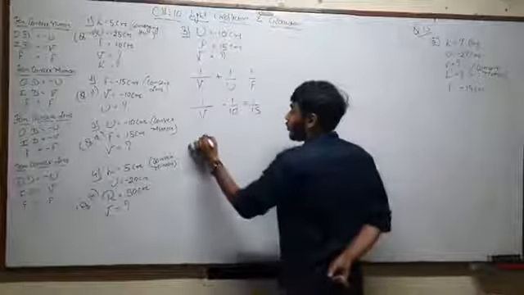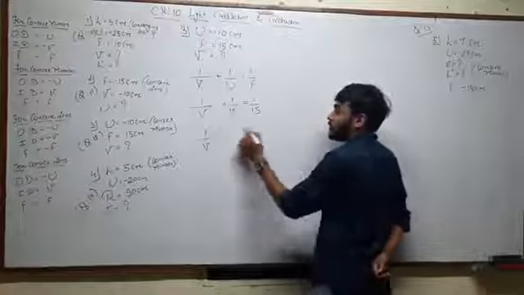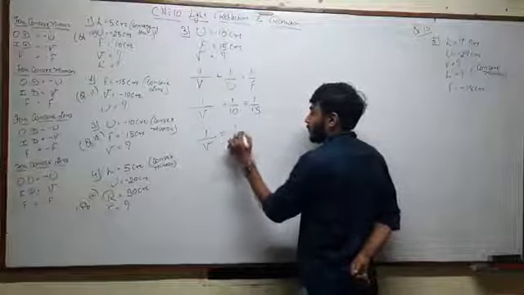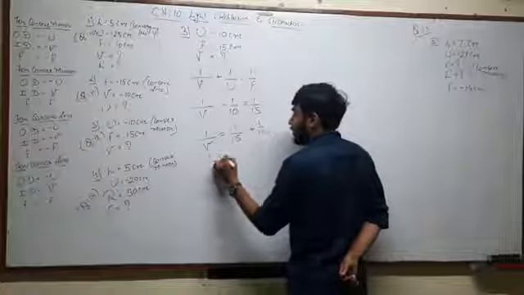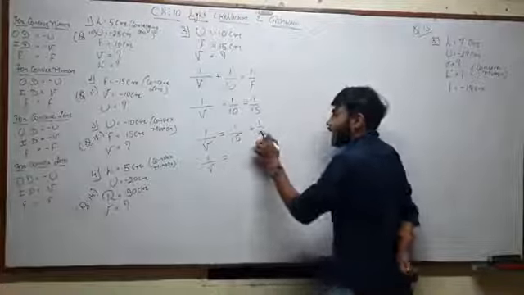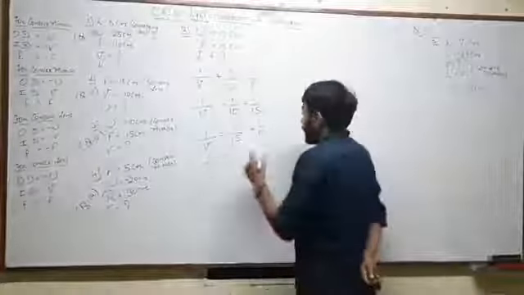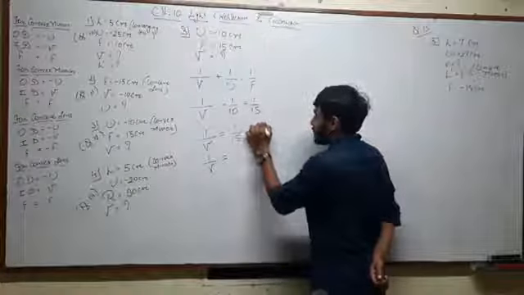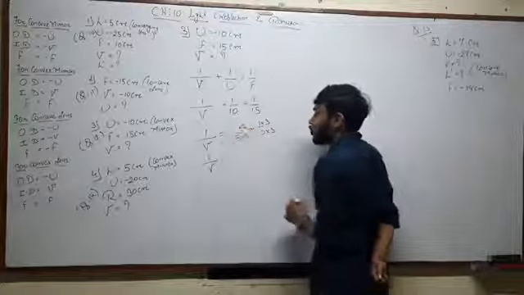So what we need to do? 1 upon v is equal to, shifting this minus 1 upon 10 over this side, it becomes 1 upon 15 plus 1 upon 10. So 1 upon v is equal to, again the LCM of 15 and 10 becomes 30. Multiplying this with 3, then this with 3, this with 2, then this is also with 2.